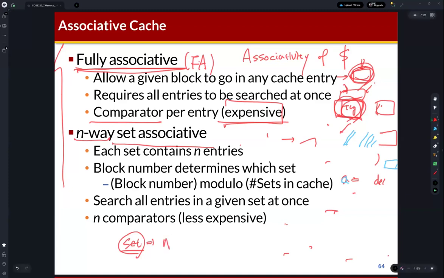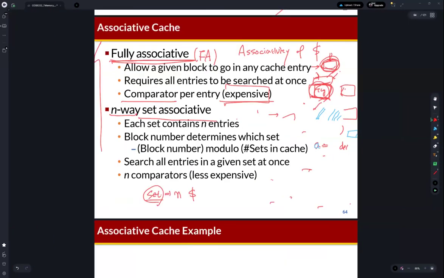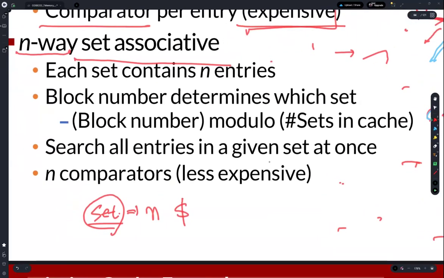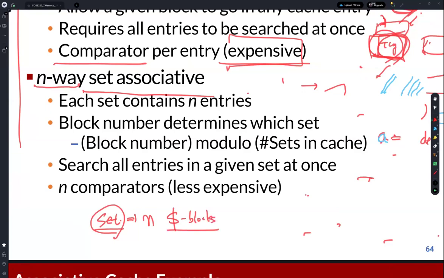So once the index is determined, the cache block can be allocated, and for this target cache index, we can store up to n cache blocks.